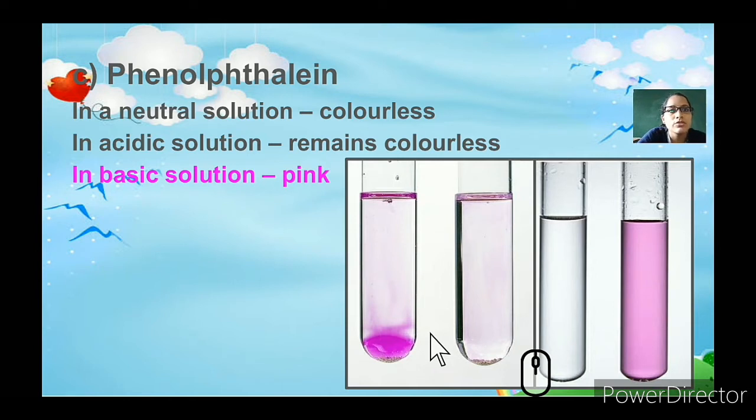A neutral solution also remains colorless, but the difference is that in a base the color changes and turns pink. You can see here that the colorless solution slightly turns pink, and it is almost turning pink, and here you can differentiate between an acid and a base solution. Base is pink in color and acid is colorless.